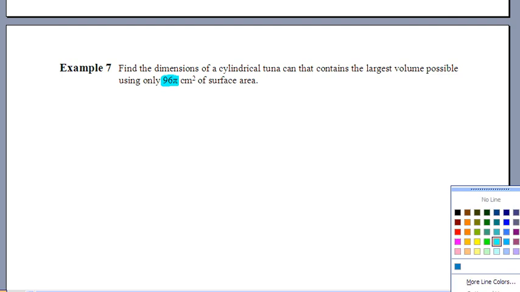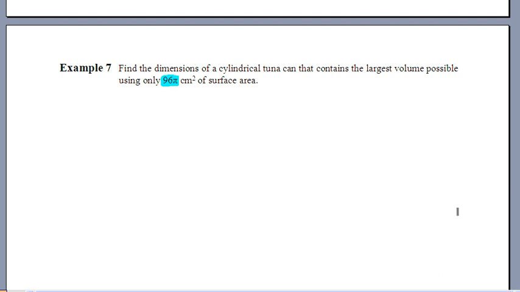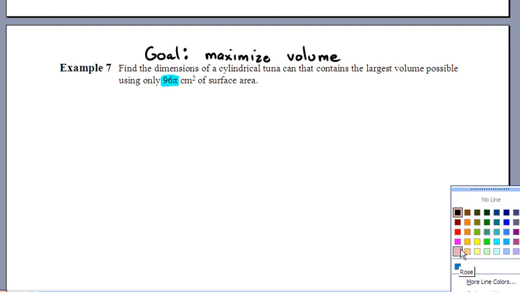So the previous question, the goal was to minimize the area with that little twice as thin caveat. And now for this one, we're going to spin things around a little bit. The goal for this question is to maximize volume. Okay, well, it's some sort of cylindrical can, so let me just kind of get ready to go here.